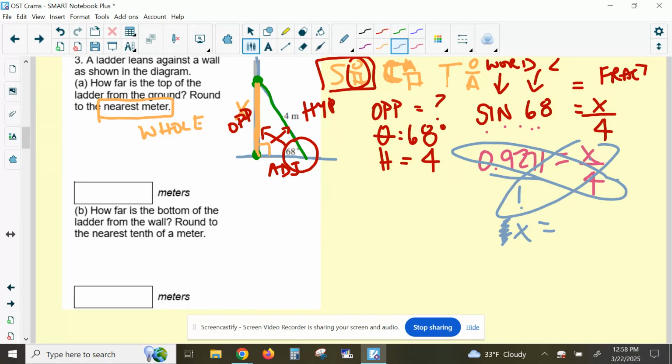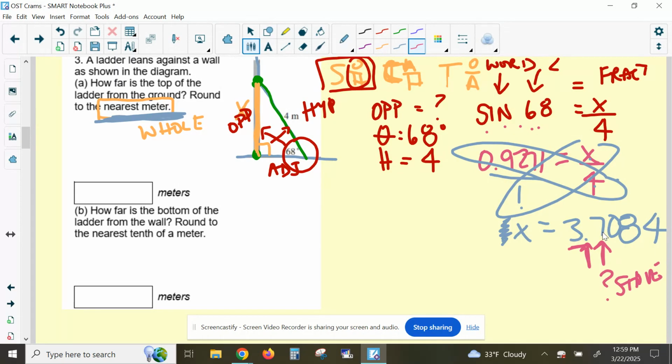Put it in your calculator, and I've got 3.7084. Okay, now it says to the nearest whole number, which means I can't have anything after this decimal, but I got to look at this guy and ask myself, do I have to shove?